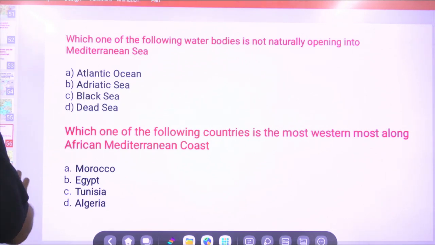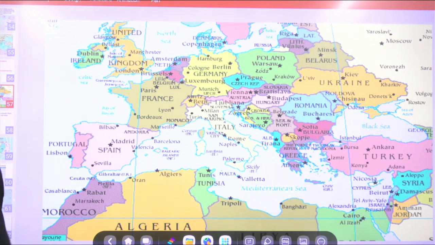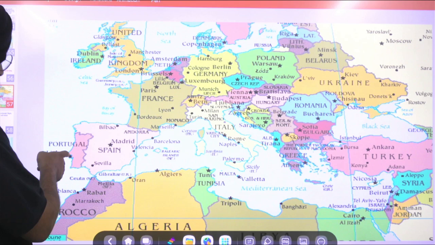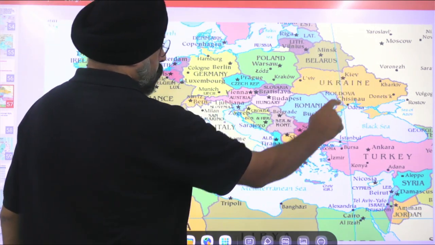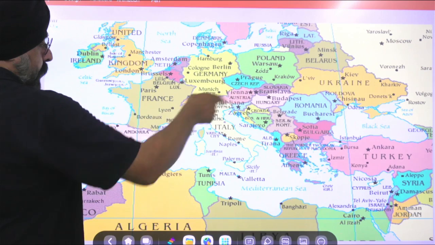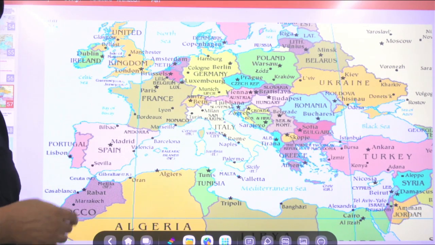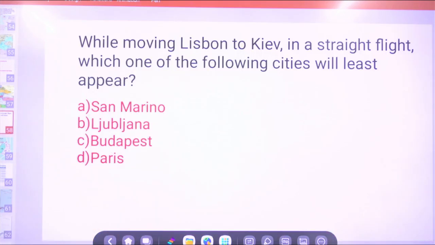Now let's move ahead. Look again. Suppose I have to draw a line from Lisbon to Kyiv, the capital of Ukraine, can you see which cities come on its way? The straight flight. Let's see the question.